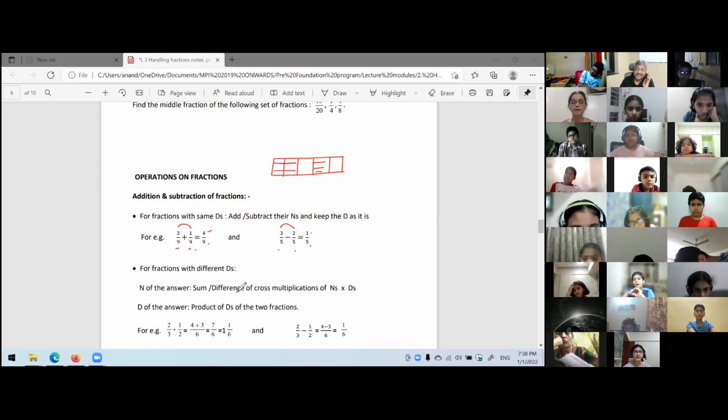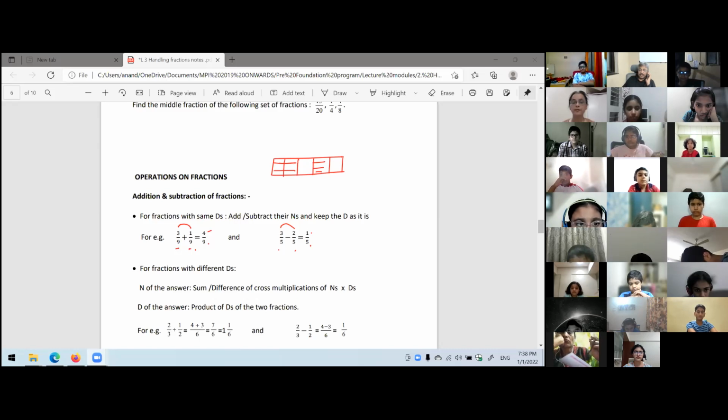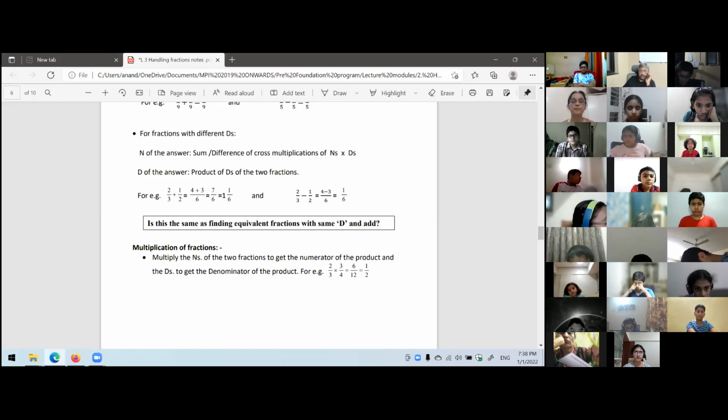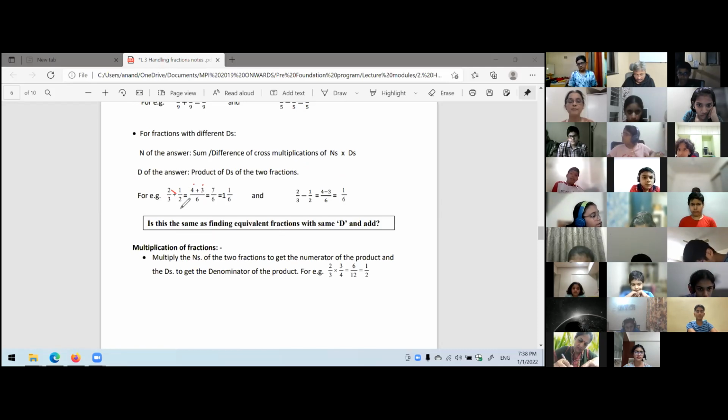When the N and D are different, we need to equalize them by cross multiplication. Suppose I want to add 2 upon 3 plus 1 upon 2. Once again, fastest method is cross multiply. 2 2s are 4 written here. 3 1s are 3 written here, and multiply the denominators to give me 6.